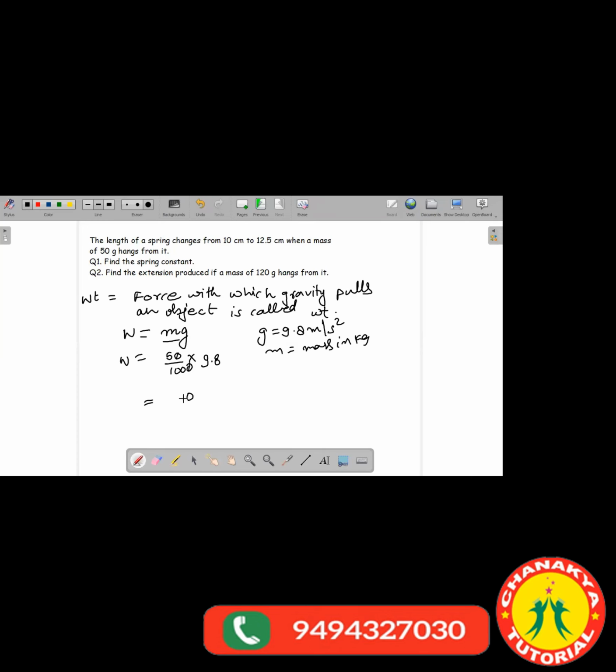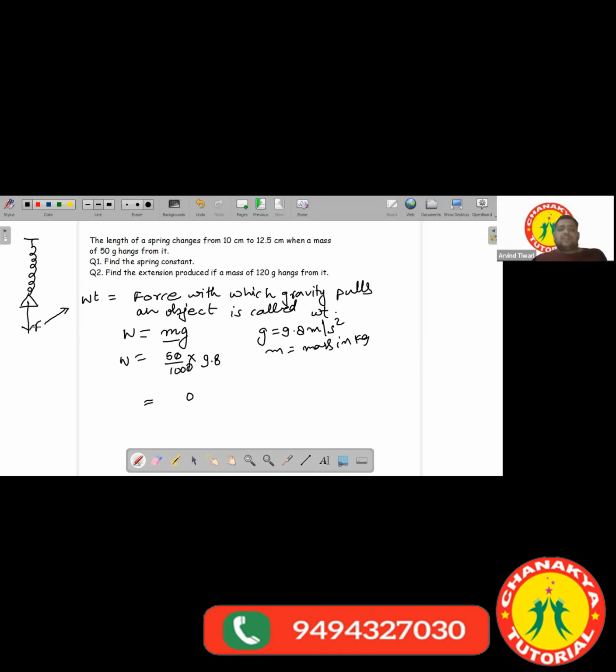Why do we use this formula? If you hang a mass from the spring, which force is acting on this mass? Gravitational force, and gravitational force is nothing but weight, the force with which gravity pulls an object.